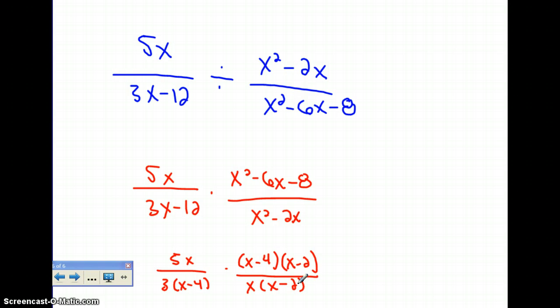So now I look for times in which there's the same thing in the numerator and the denominator. I have an x minus 2 and x minus 2 that cancel each other out. An x minus 4, an x minus 4 that cancels. And then I have an x and an x, which leaves me with 5/3. Okay? So try those two problems that I had before, and then we're going to talk more about this on Monday.